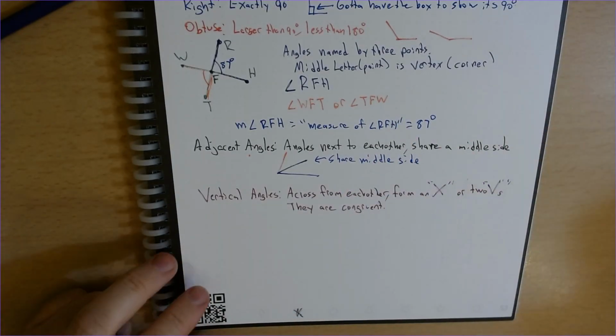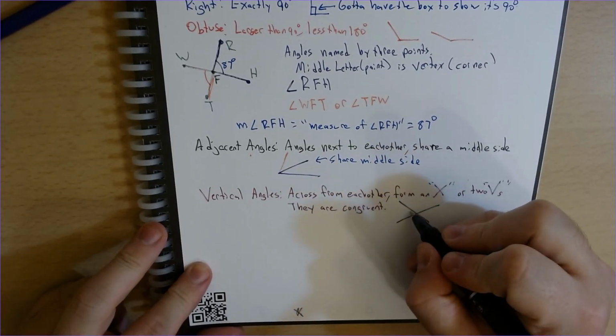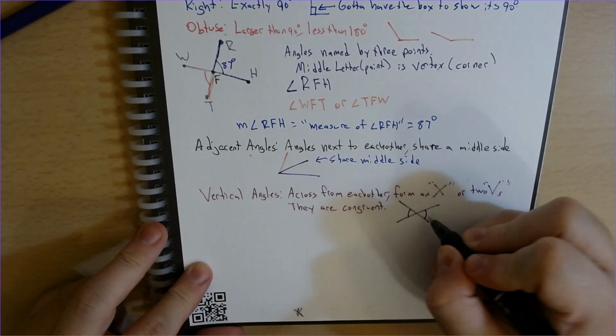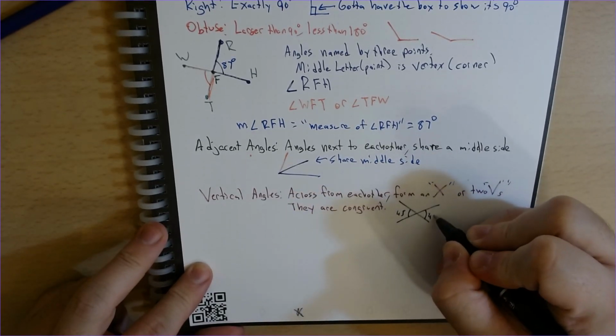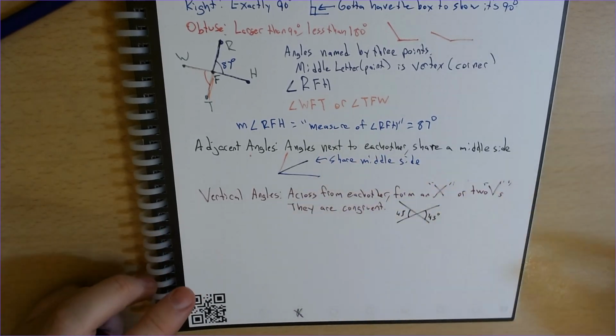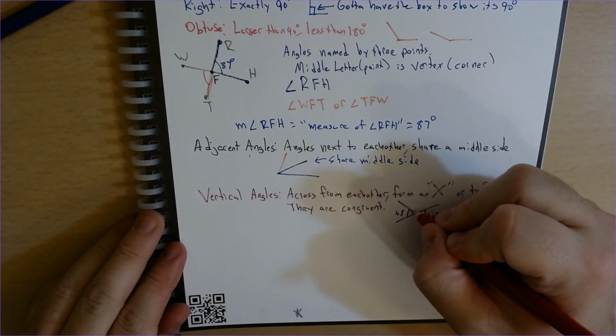And hopefully you remember that congruent means they're exactly the same, which makes sense. If I draw two X's, or two angles, if you measured this one, it's the same as this one. If this is 43 degrees, then this is 43 degrees. So those are vertical. These top ones are also vertical.